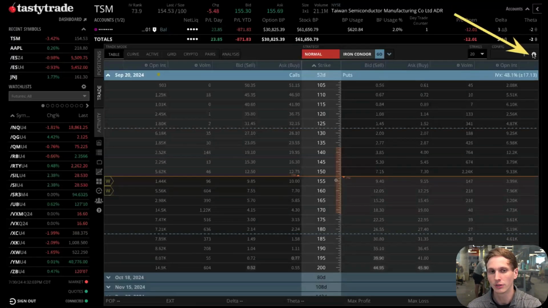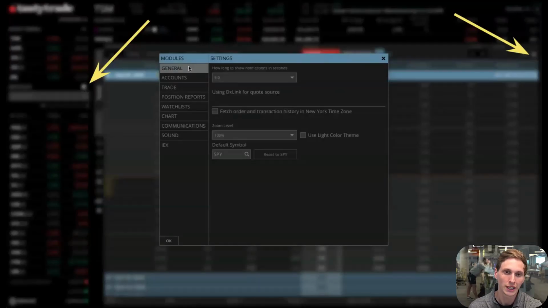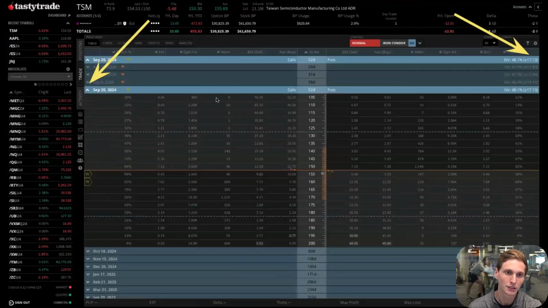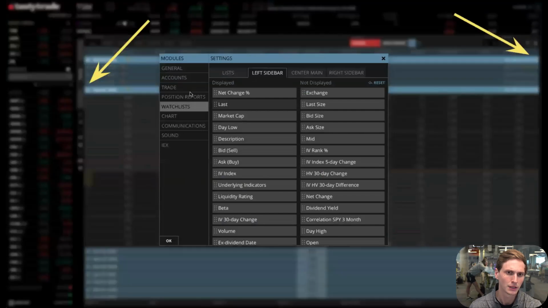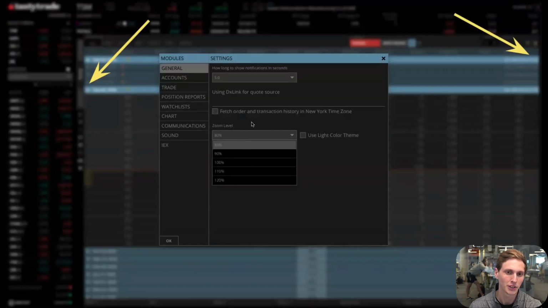But also, if you go to the platform settings, clicking on the gear icon over here, and you go to general and then zoom level, and maybe go to like 80%, you'll notice that now I've got two additional columns on the options chain. So just to show you one more time, go to general and the modules, and then zoom level 80%.